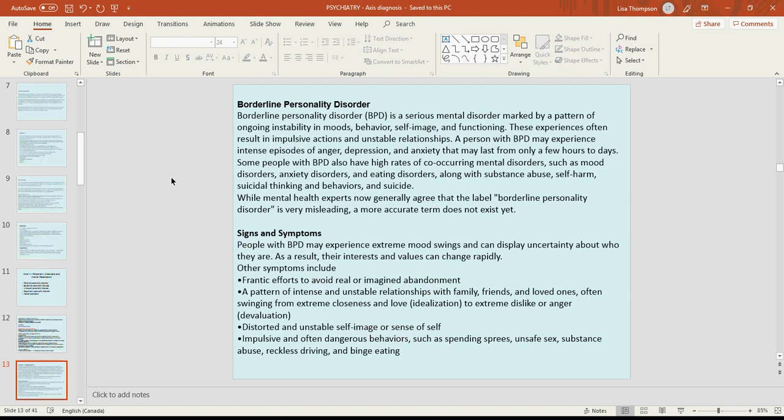Other symptoms include frantic efforts to avoid real or imagined abandonment, a pattern of intense and unstable relationships with family, friends, and loved ones, often swinging from extreme closeness and love, as an idealization, to extreme dislike or anger, devaluation, distorted and unstable self-image or sense of self, impulsive and often dangerous behaviors such as spending sprees, unsafe sex, substance abuse, reckless driving, and binge eating.